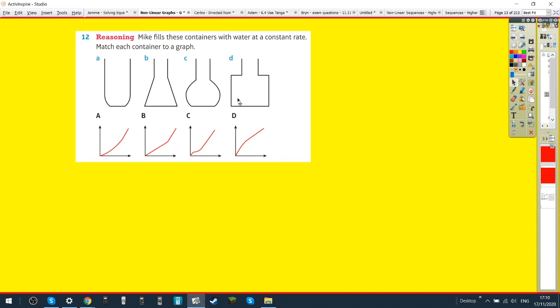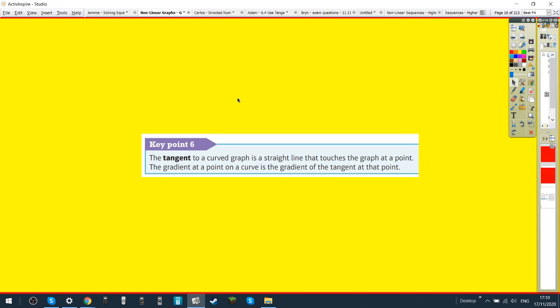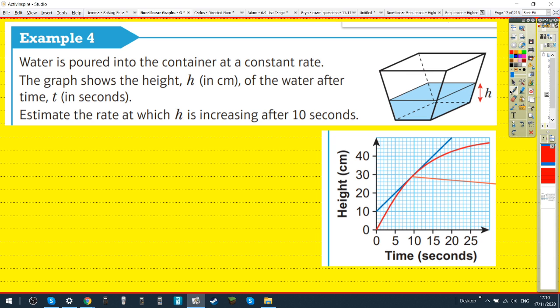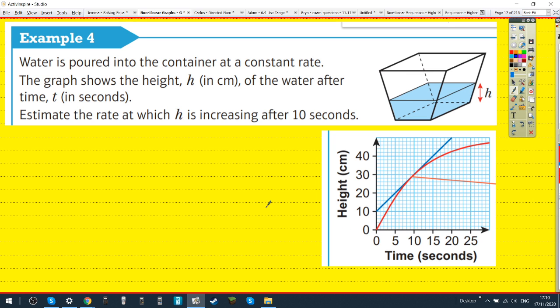Okay, let's see. This one is fine, I think. For this one, so before, with a distance time graph, the speed is the rate of change of the car, and the way you do that is you'd get the gradient. If it's a curved line, you'd sketch a tangent at that point.